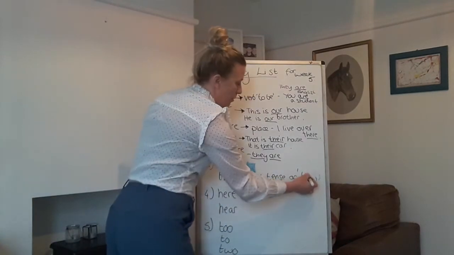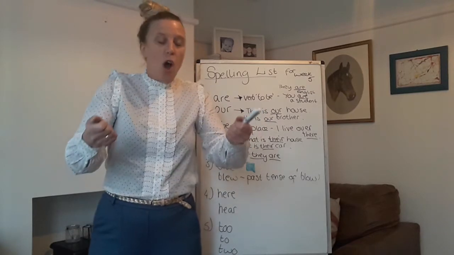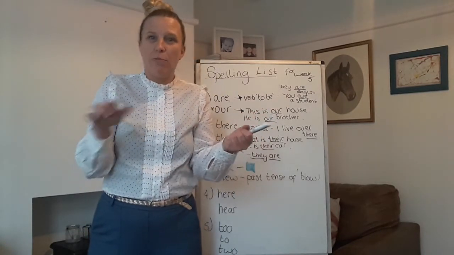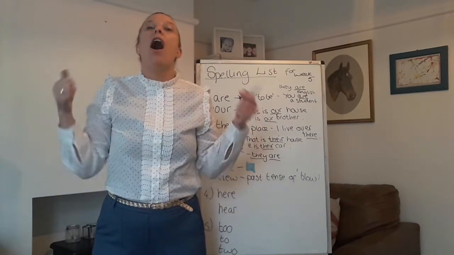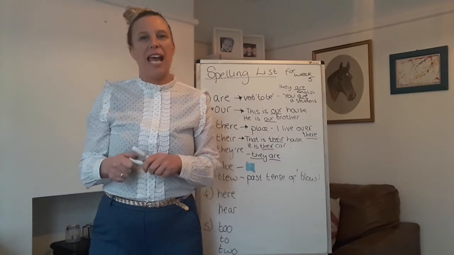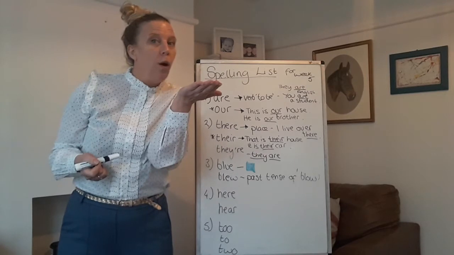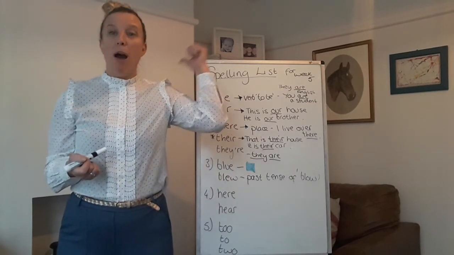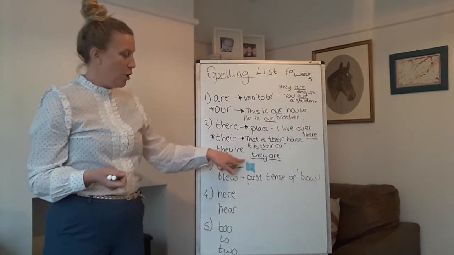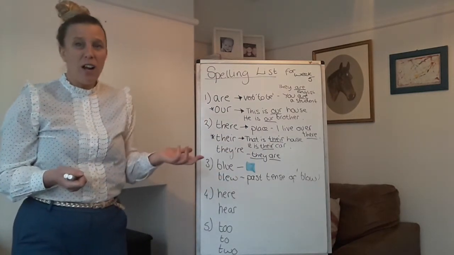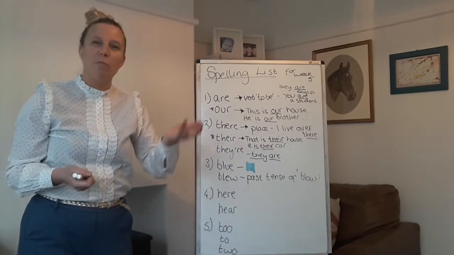To blow out the candles on the cake. Blew is the past. Yesterday, I blew out the candles on the cake. So blow is the verb, to blow, and blew is the past. Blue, the colour. My favourite colour is blue. Blew, the past tense of blow. Yesterday I blew out the candles on my birthday cake.